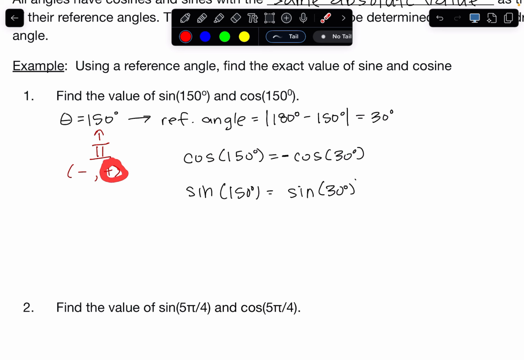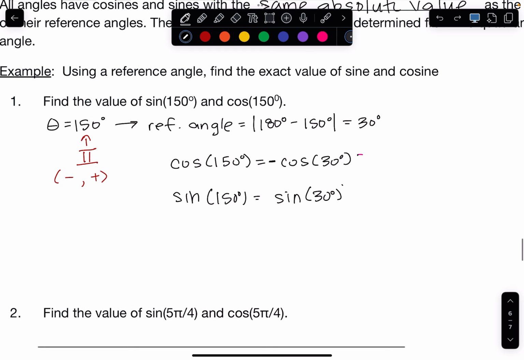And it'll stay positive, because y is positive in quadrant 2. Now all I have to do is remember what the coordinates for 30 are. So 30 is the smallest angle in quadrant 1. I know these are both going to be fractions over 2. We can start with the obvious part.